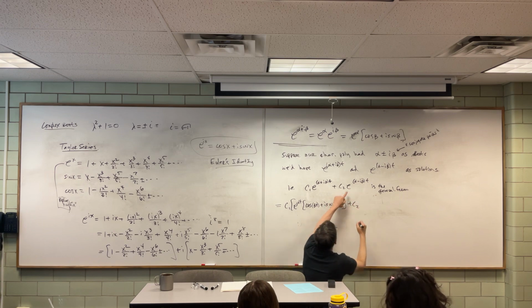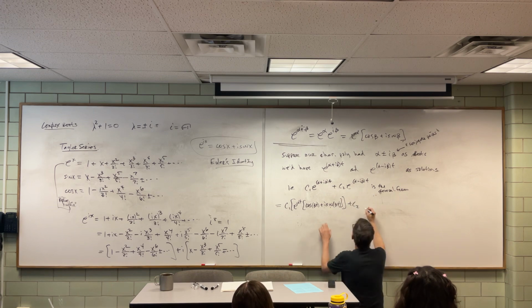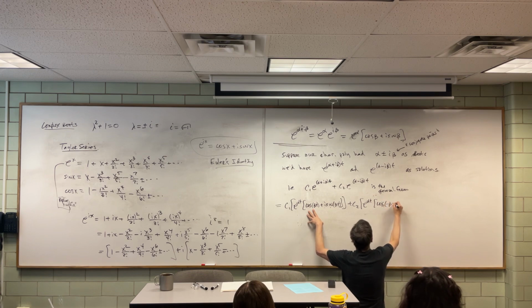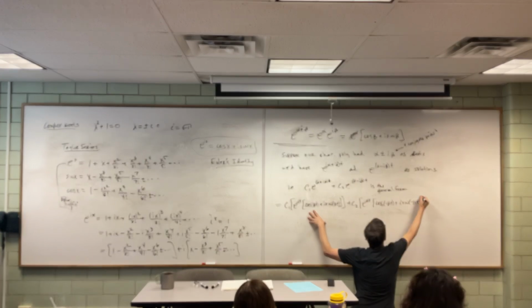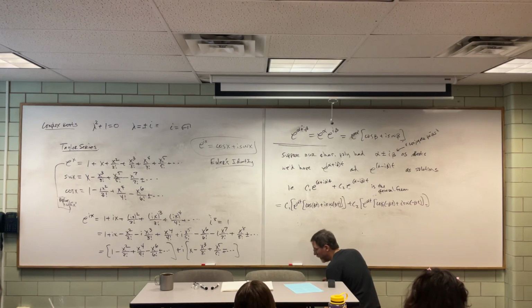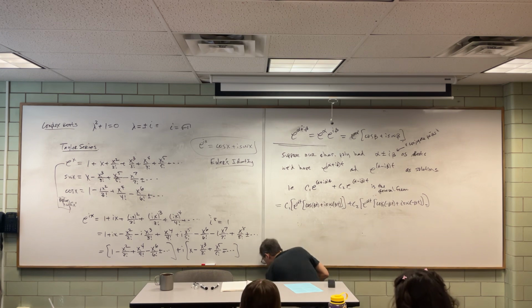Plus C2, do the same thing here, except we got negative i beta, so we just got to be careful with that. So I got C2 e to the alpha t cos negative beta t plus i sine negative beta t. Cool, we're almost done. We've almost done a very painful thing that luckily we won't have to do again.